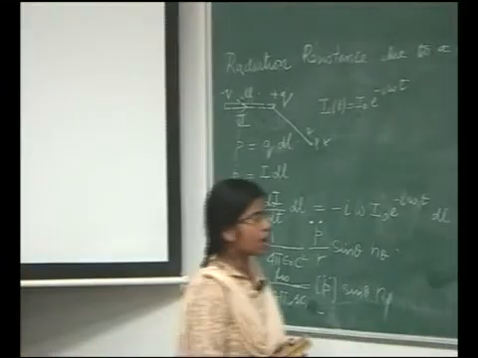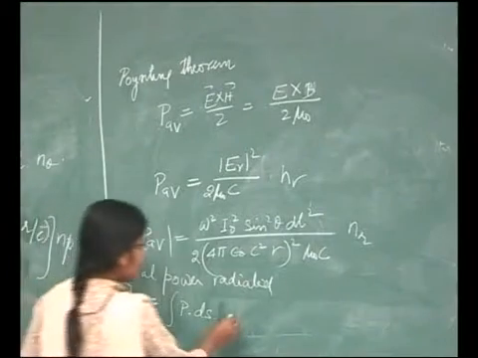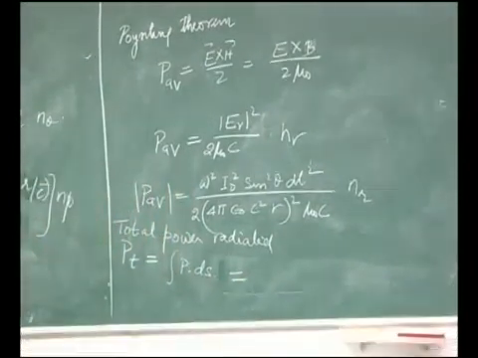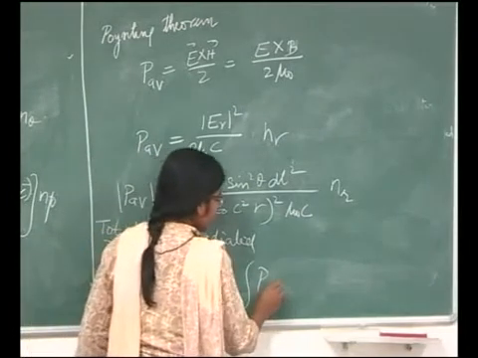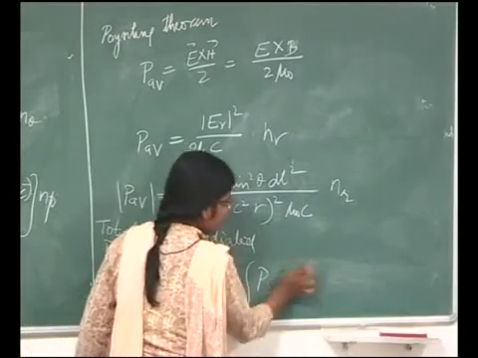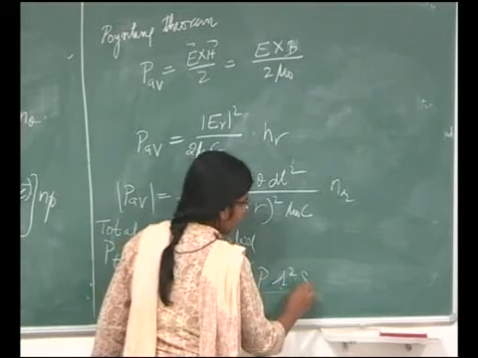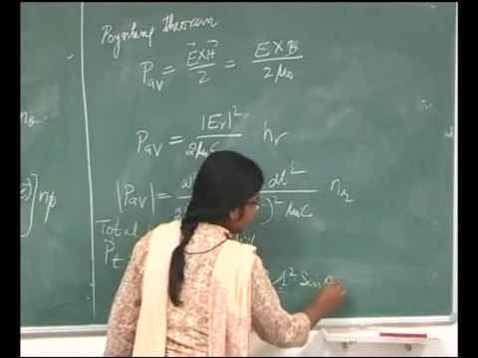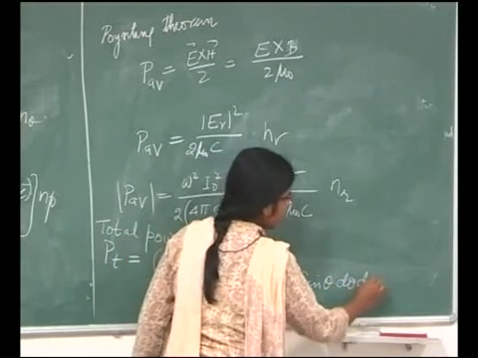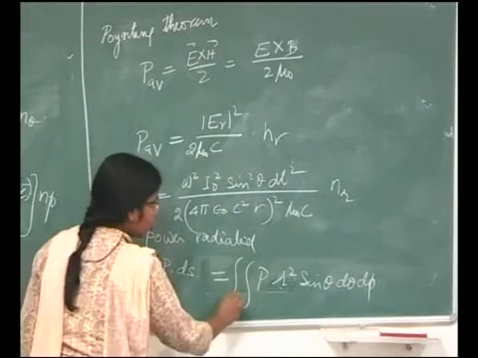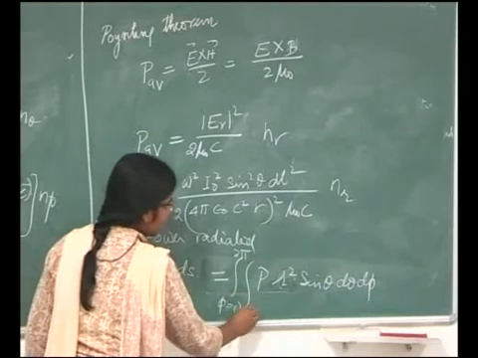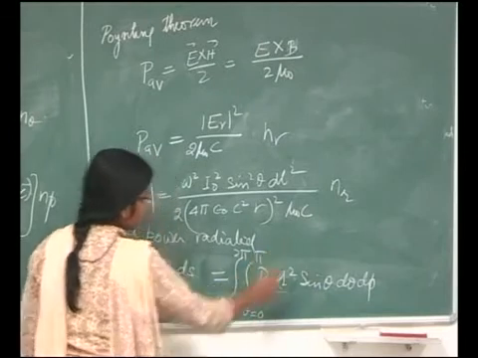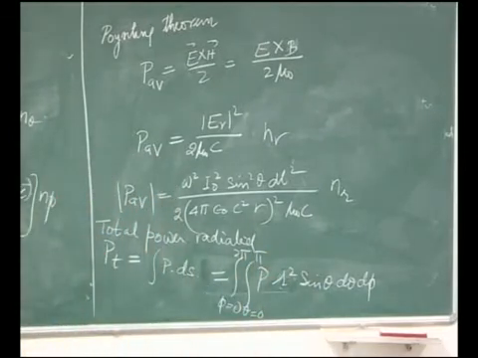Okay. So, I can write that this is equal to, in polar system, the area vector can be written as P dot r square sin theta d theta d phi. So, it will go from phi 0 to 2 pi and theta 0 to pi, that is ds in polar system.